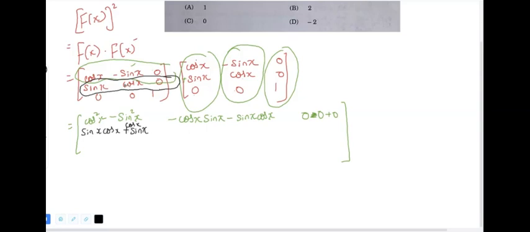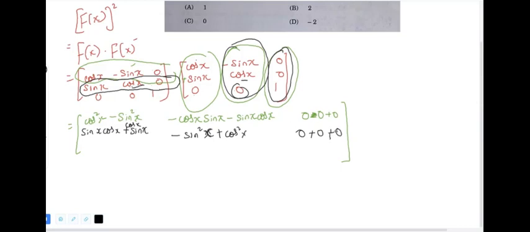Then sin x into minus sin x is minus sin square x, cos into cos will be plus cos square x. Then 0 into 0 is 0. Then second row, third column: sin x into 0 is 0, cos x into 0 is 0, 0 into 1 is 0.